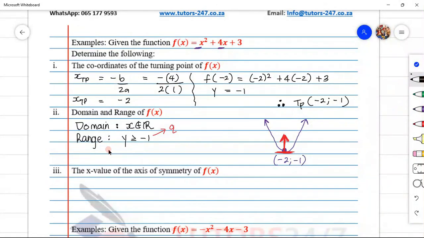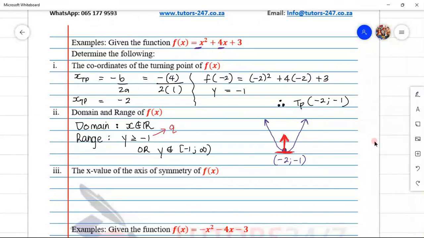An alternative notation would be to represent it as y an element from negative 1 until positive infinity. And negative 1 is in a square bracket because we are including that value.